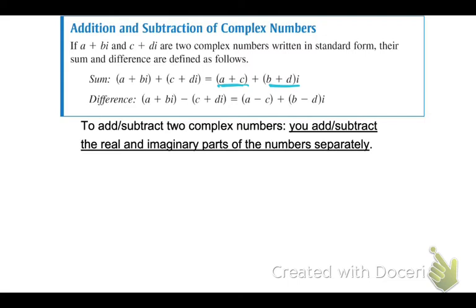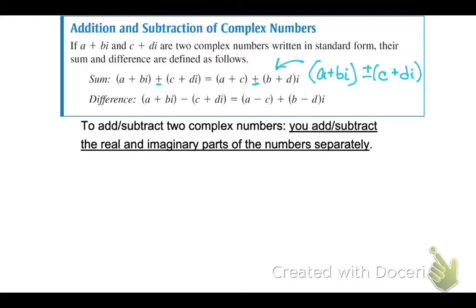I would write one thing: A plus BI plus and minus C plus DI. And then put this with a plus and a minus. We don't want to write things twice, do we?